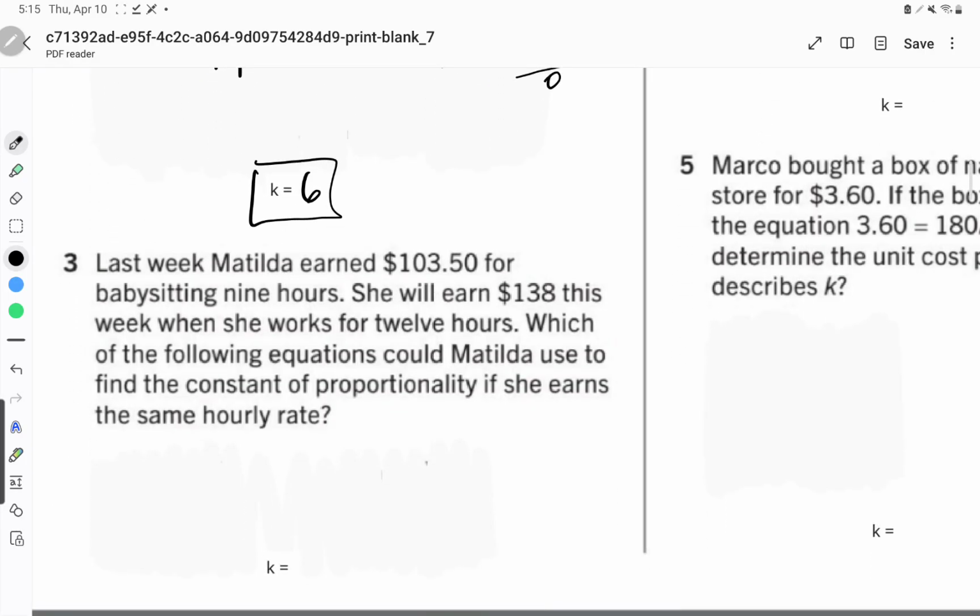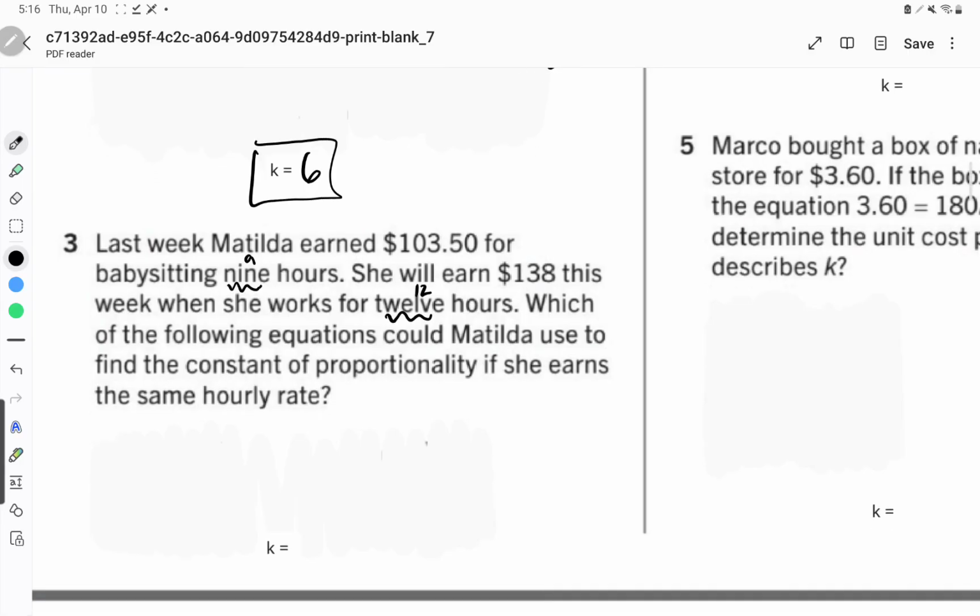Last week, Matilda earned $103.50 for babysitting for 9 hours. There's another sneaky number. She will earn $138 this week when she works for 12 hours. There's another sneaky number. Which of the following equations, there's not an equation there, but we want to find the constant of proportionality. That's what we're doing. So how do we find constant of proportionality? Constant of proportionality means that we divide.